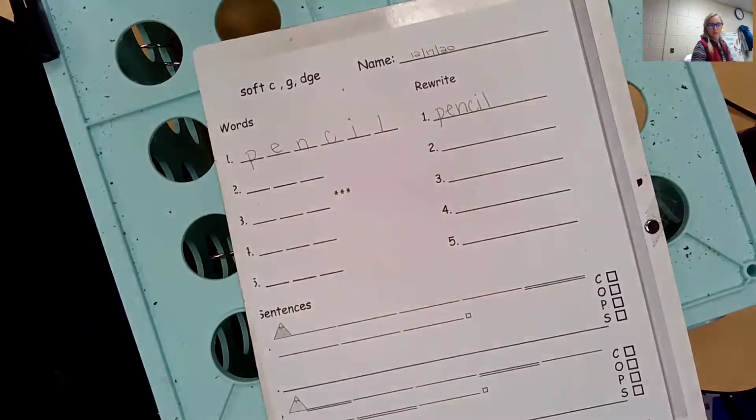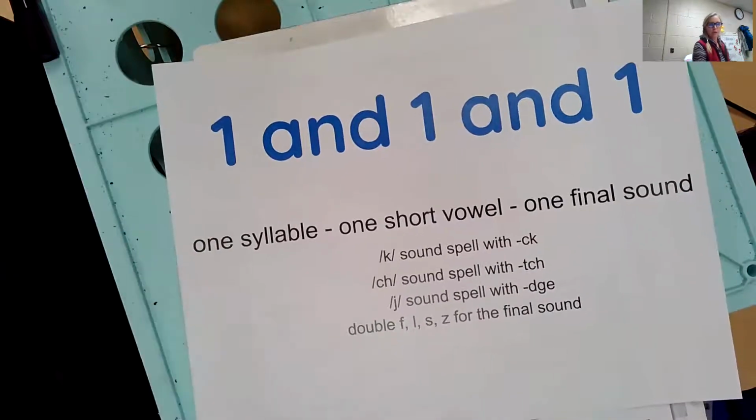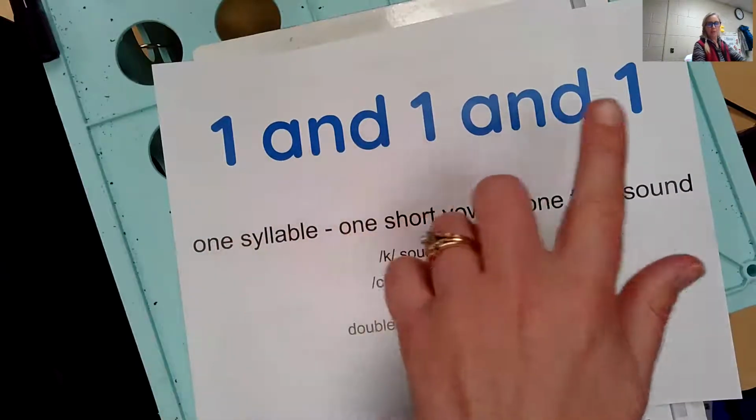Okay, here we go. Number 3. Number 2. I want to talk about number 2 first before we write it. So we're going to talk about the 1, 1, and 1 rule.